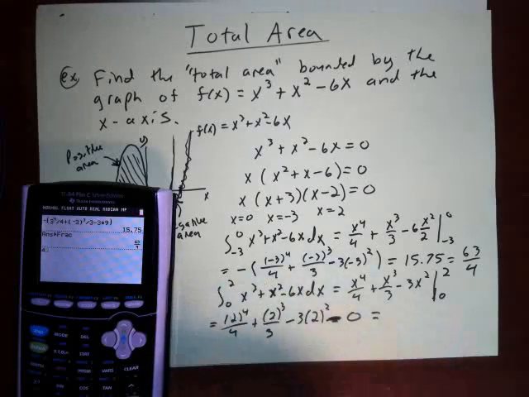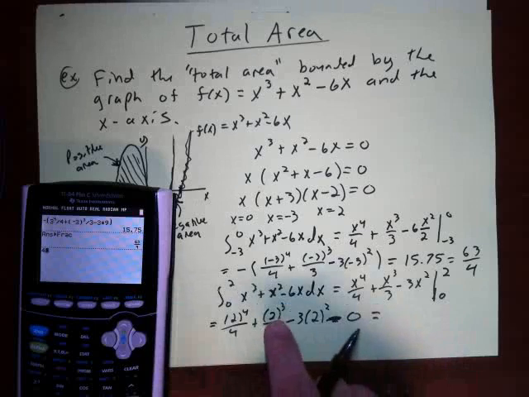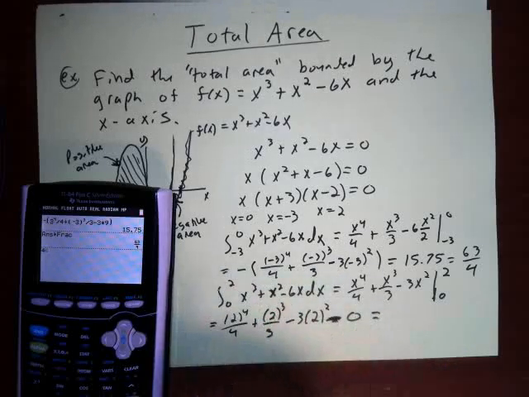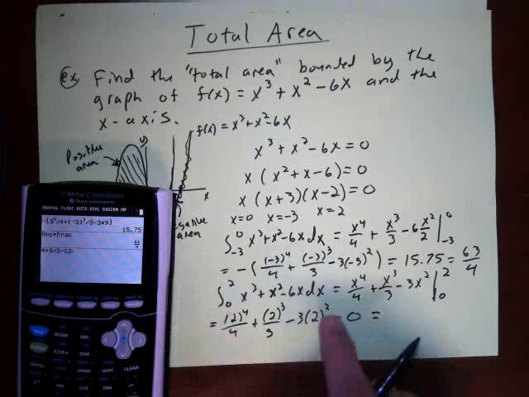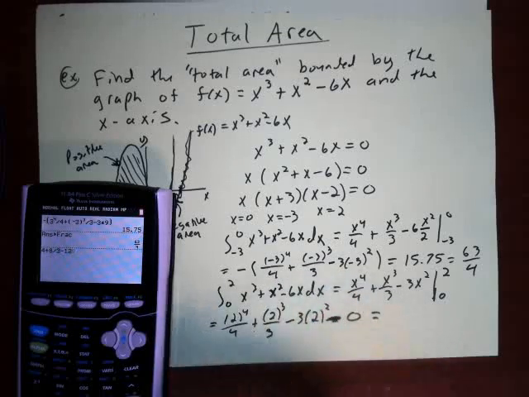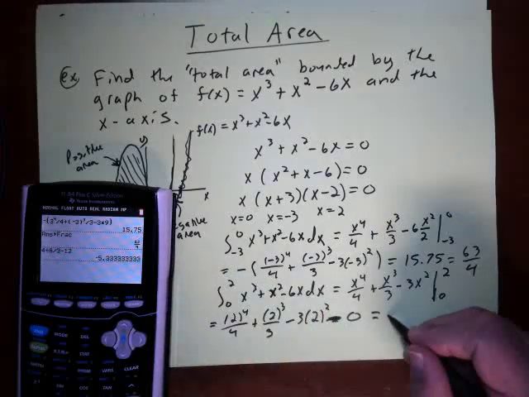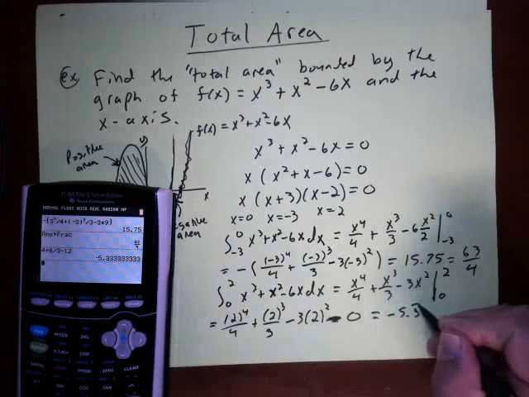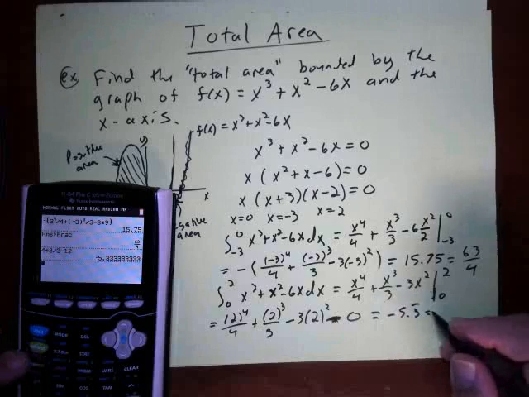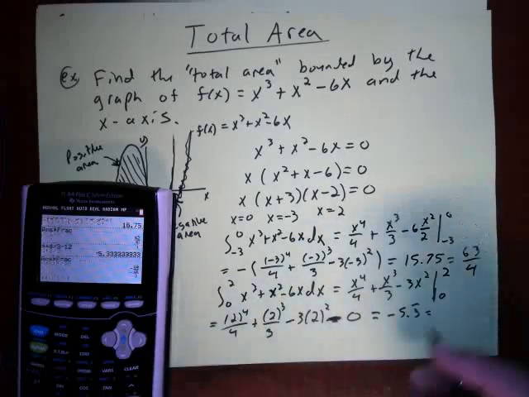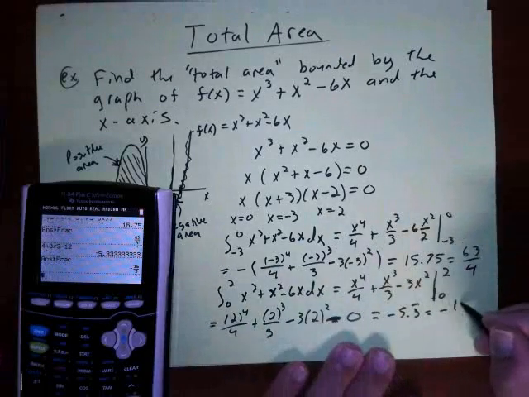And 2 cubed is 8, so 4 plus 8 thirds. And then minus 12, which is 3 times 4. And I get negative 5.3 repeating, but I could get that as a fraction, and that's negative 16 thirds.